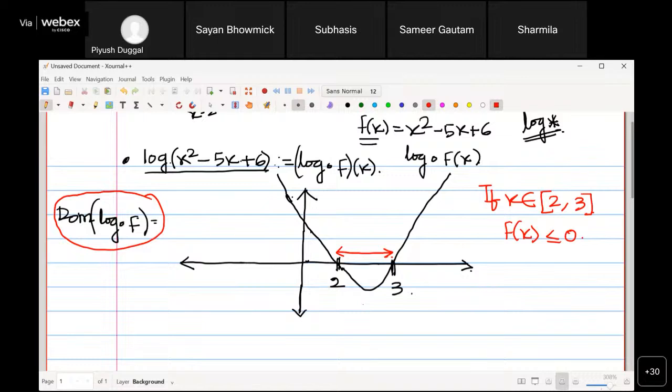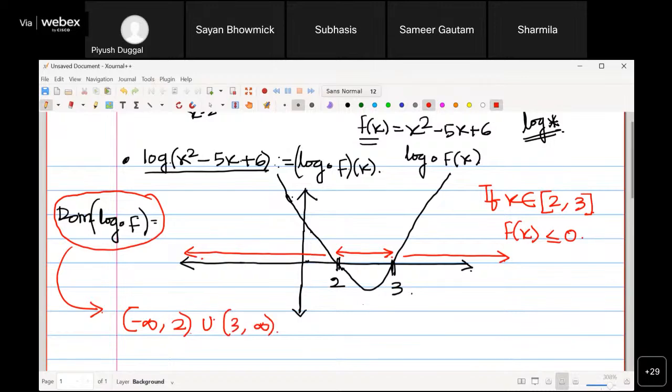As you can see, this parabola is positive in this region, as well as in this region. So the domain of this function is minus infinity to 2, union 3 to infinity.